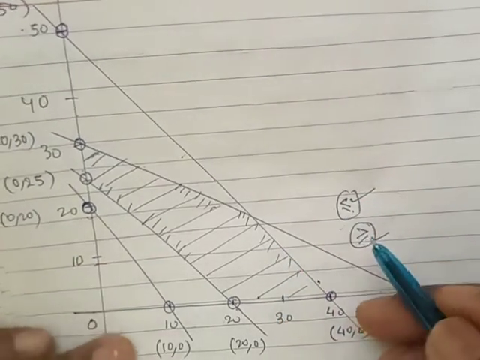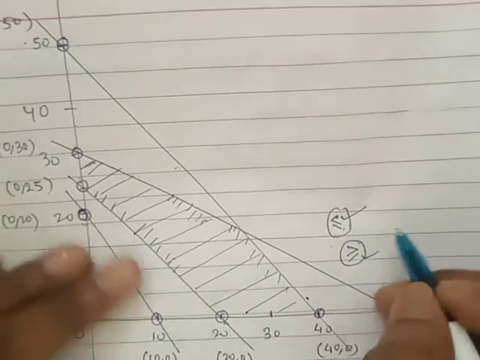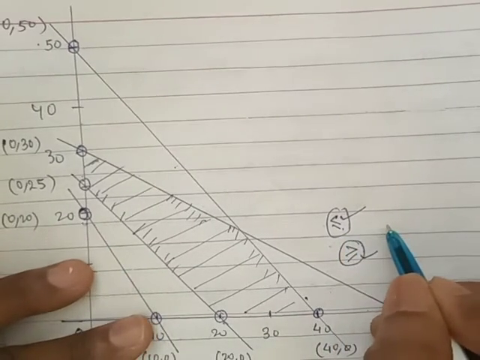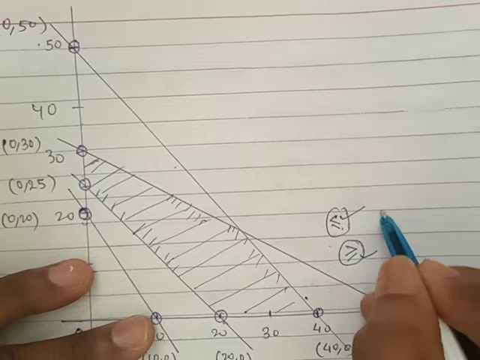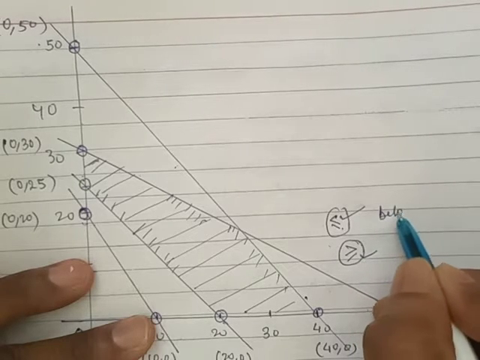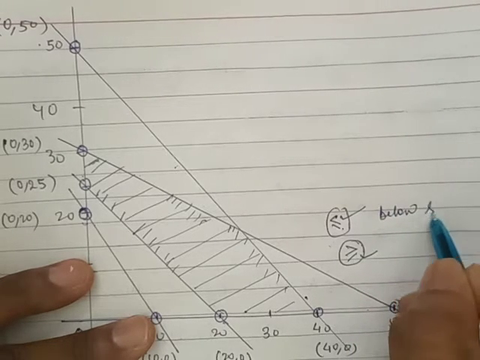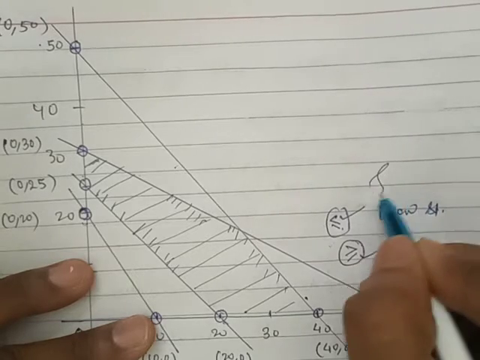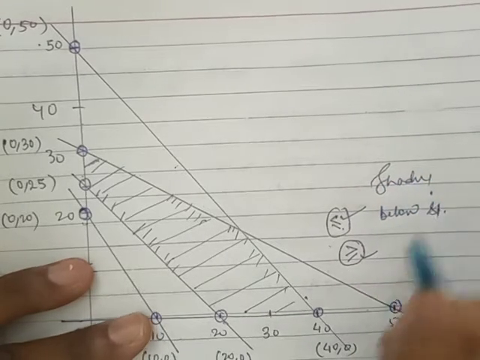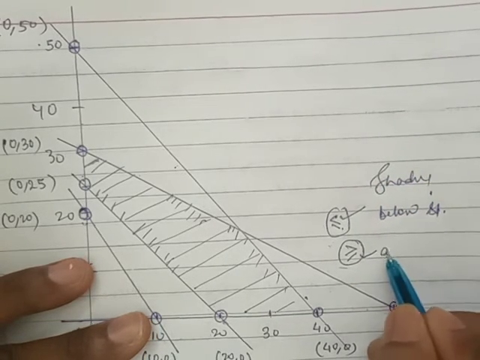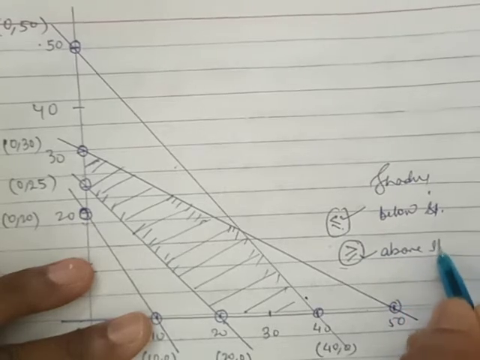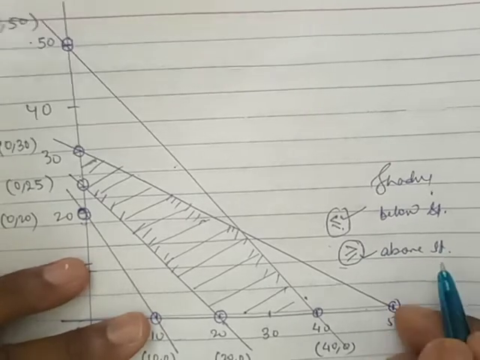For less than or equal to, you should shade below the straight line, and for greater than or equal to, above the straight line. So this rule you have to follow.